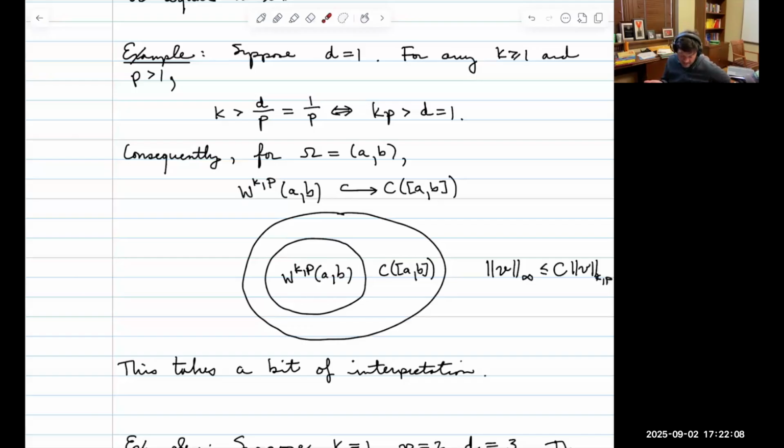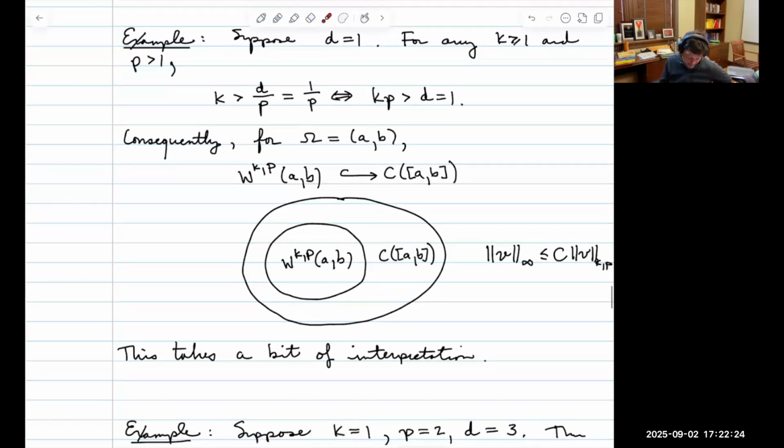Continuous functions, I thought, really matter how they're defined everywhere. And that is true. I have to give you a little bit more interpretation about what this means, and talk a little bit about equivalence classes of functions, etc. But we'll get into that next time.